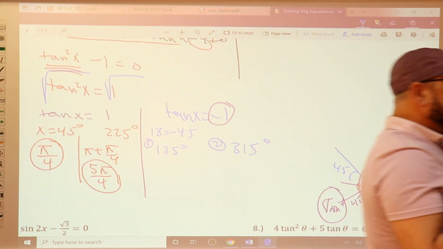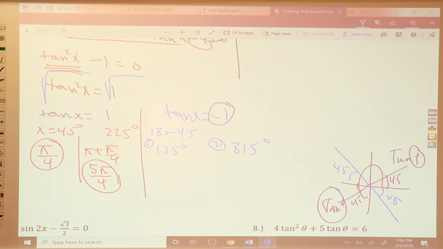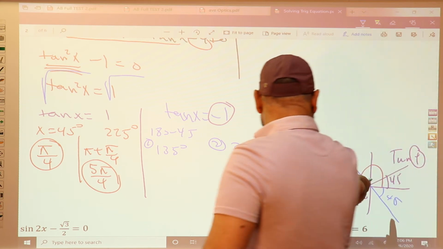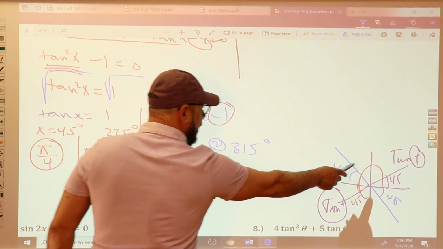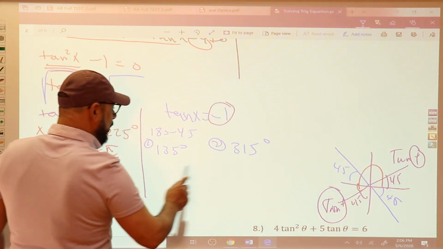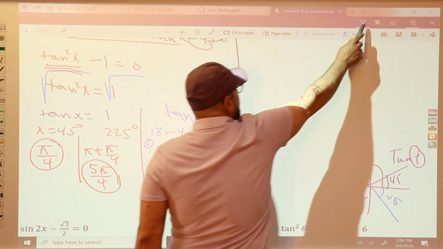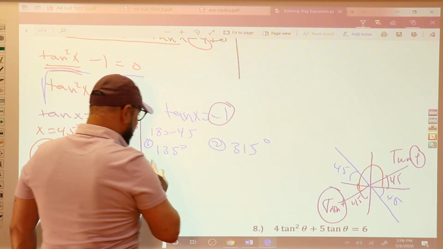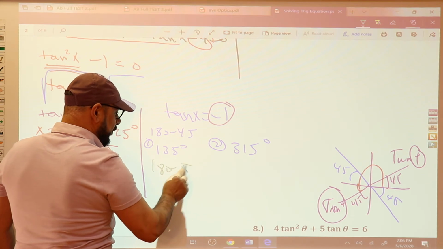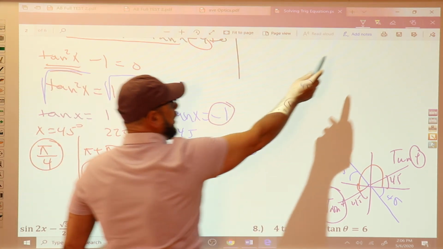How about in radians? What do I have to do to convert to radians, guys? I have 180 minus pi over 4. Let me use the green. 180 minus pi over 4. I'm sorry, 180 is pi, right?